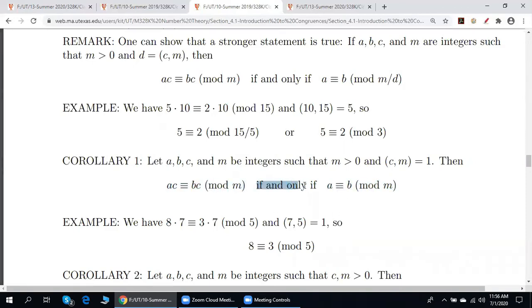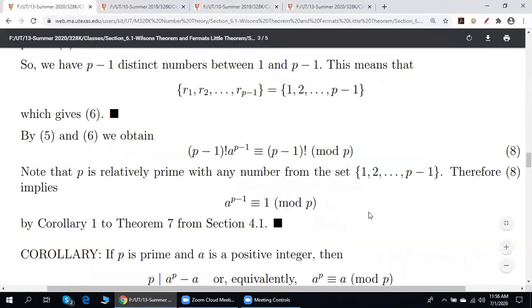Moreover, it's an if and only if statement, but what we need in our case is the following: C can be cancelled if C and M are relatively prime. Note that since P is a prime number, P is relatively prime with any number from the set, with 1, with 2, and so on, with P minus 1.